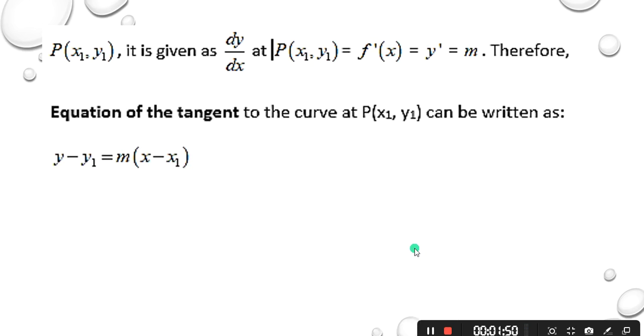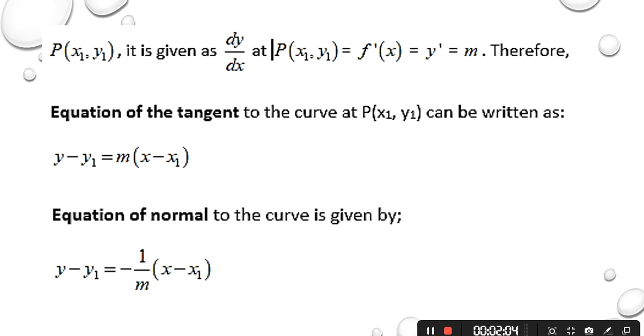Therefore, the equation of the tangent to the curve at P can be written as y minus y1 equals m times x minus x sub 1. That is the equation of the tangent. And also, the equation of the normal to the curve is given by y minus y1 equals the negative reciprocal of the slope, or the first derivative, times x minus x sub 1.